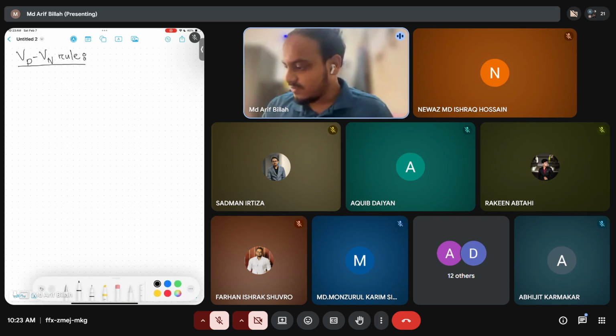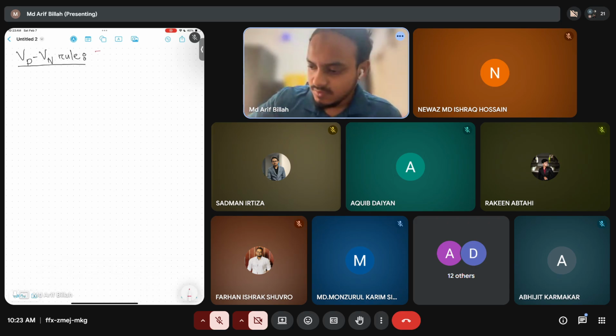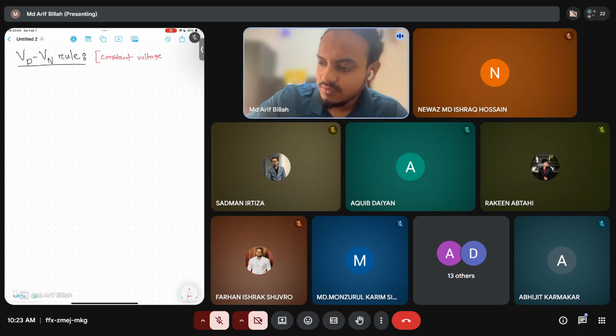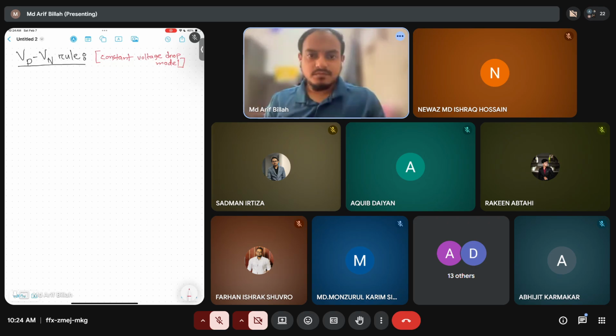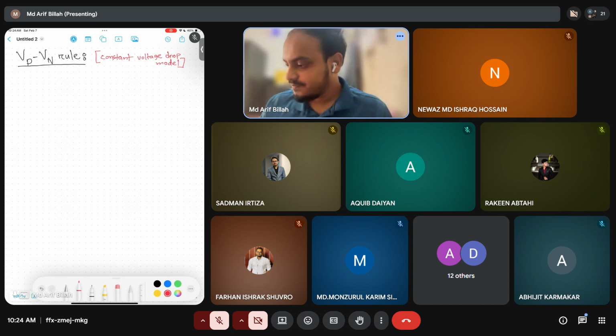And for this part, we'll assume the constant voltage drop model.